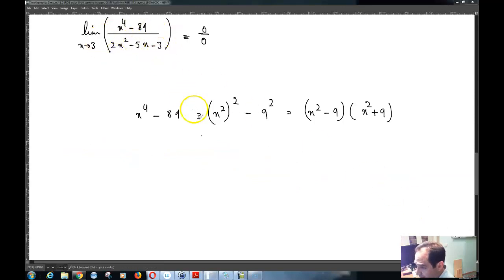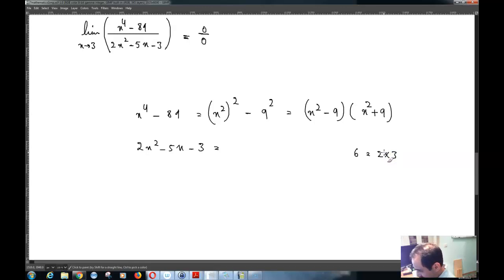And then this thing over here, this polynomial 2x squared minus 5x minus 3, you can write it as, so 3 times 2 is equal to 6. 6 is the same thing as 2 times 3.